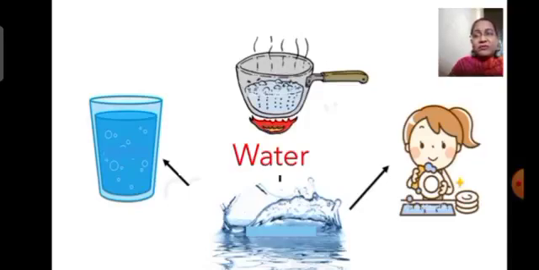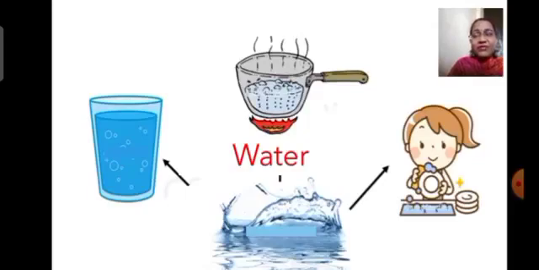In summers, have you tried to make lemon juice at home? To make this, you have to add salt and sugar in water. Then you have to stir the solution or the juice. You will see that within a few minutes, sugar and salt disappear in water.